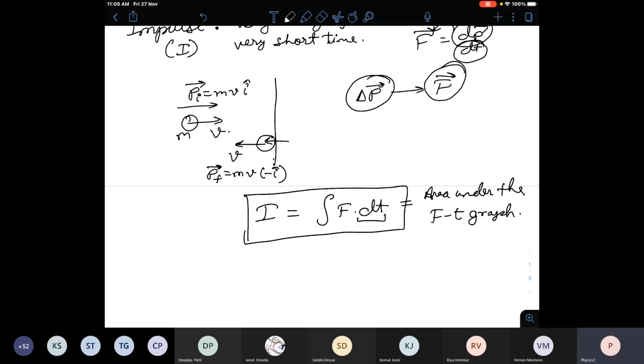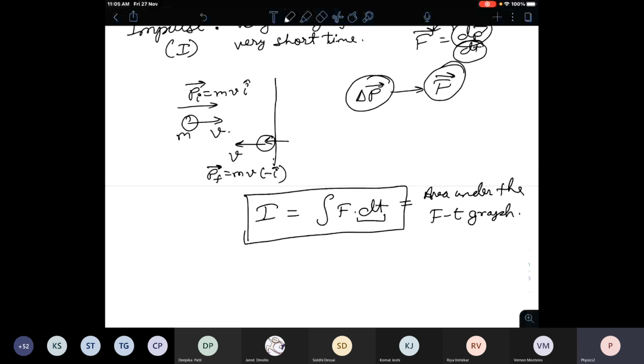I am just telling you this because these are the methods in which you will be able to calculate impulse. In these manners, the questions will be asked. We will see the questions, you will understand how to use it. But for now, it is the area under the F-t graph.